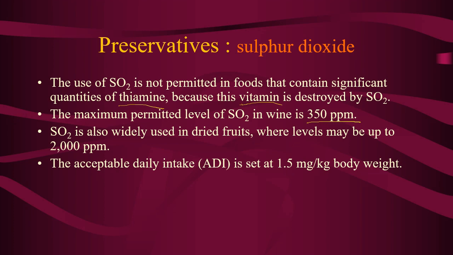The acceptable daily intake is set at 1.5 milligram per kg of body weight. So if you are 10 kg, times 10, it should be around 15 milligram. If you are 100 kg, it is 150 milligram.